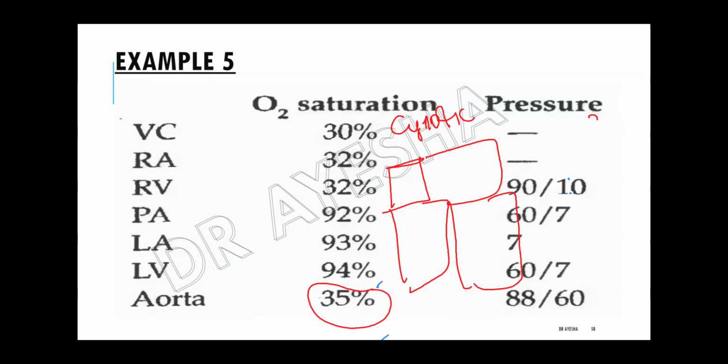RA 32, RV 32, both are low, and there is a major step up at the level of the pulmonary arteries. The saturation is 92%. And on the left side, the saturation is slightly low in LA, and it's almost normal in LV.